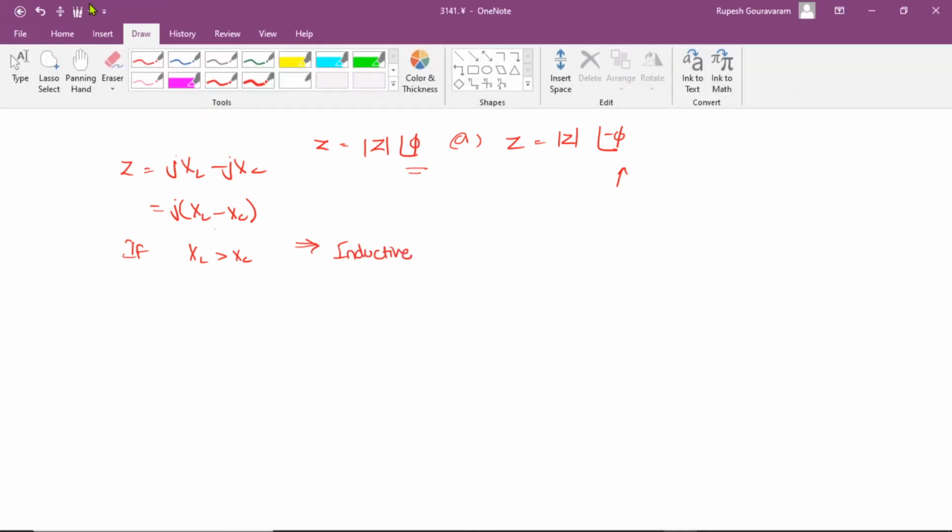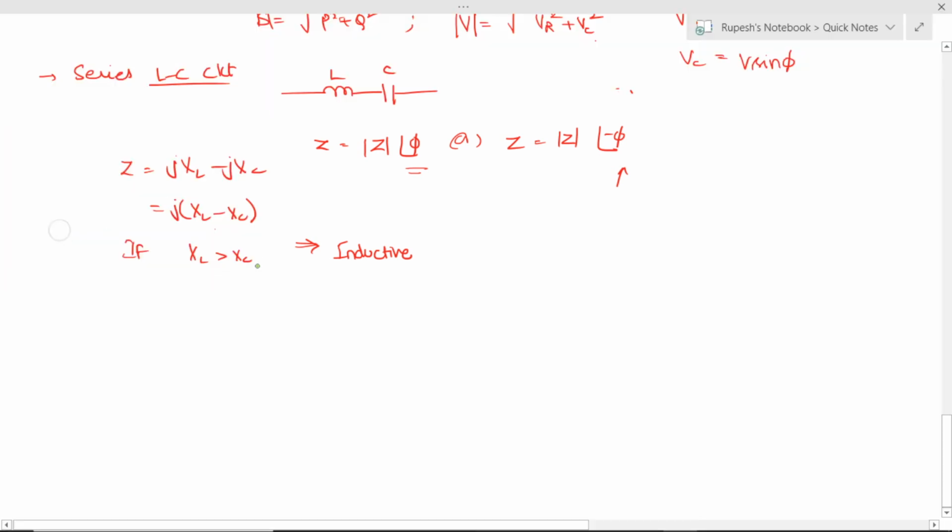In an inductive circuit, what happens? The phi is positive, and also I lags V by 90 degrees.